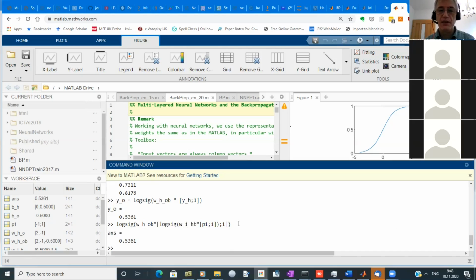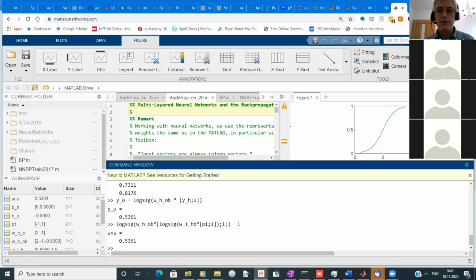And this is actually the main idea of the backpropagation algorithm, because we are able to compute the derivative of the error function with respect to each weight. The backpropagation algorithm is just a gradient descent algorithm. It changes the weights in the direction opposite to the partial derivative of the error function with respect to a given weight.